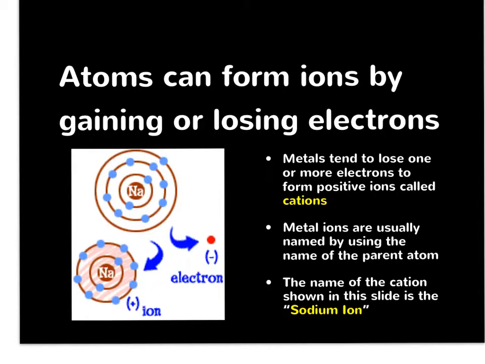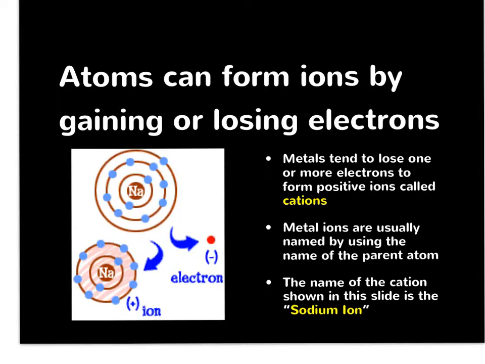Okay, so if we look at sodium as a neutral atom, sodium only has 1 electron in its valence shell. That's not going to work because it wants those 8 electrons in its valence shell. So it has a choice. It can either gain 7 more and put those 7 into this outermost shell, or it can lose this 1.